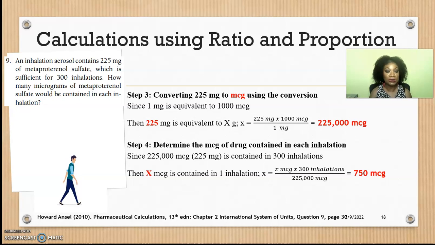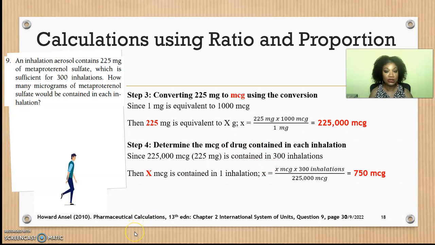We set up our cross multiplication again, and we get 750 micrograms. This is a step-by-step process of writing down the information that's available, and what is needed, and we try to get there using the conversion factors.